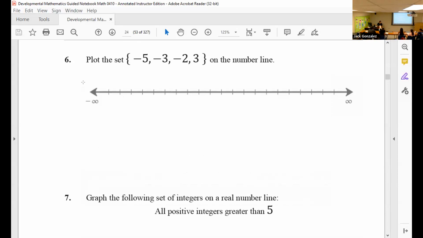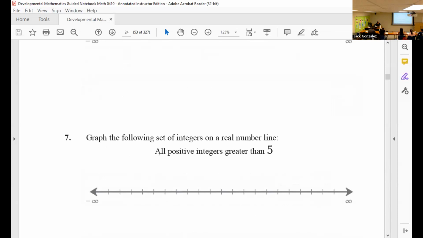Yeah, square root of 5 is irrational. Yeah, I'll move on to 7. All positive integers greater than 5. Graph the following on a number line. Okay.